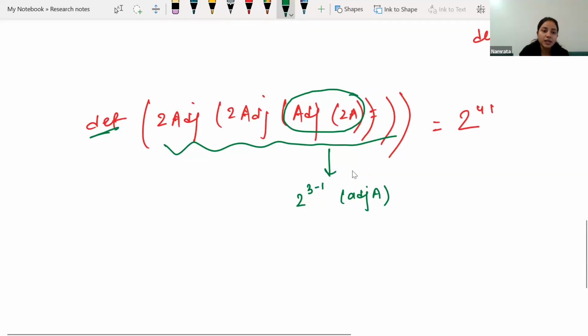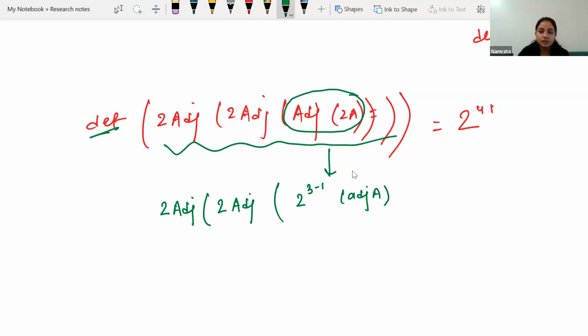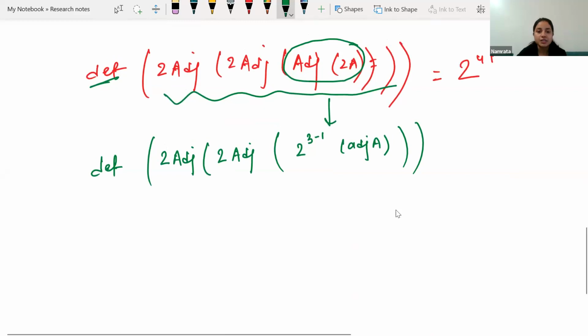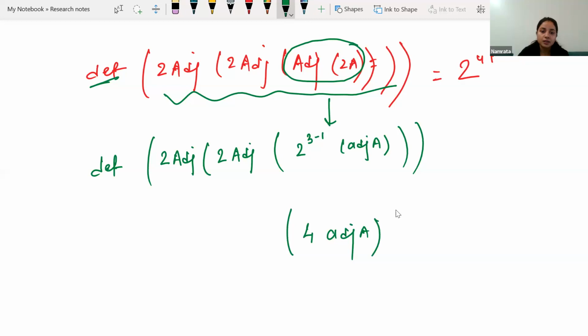The rest of the terms stay as they are: 2 adjoint over here, then 2 adjoint over here. The determinant is outside, and on the other side 2 to the power 41 is there. Let's solve the left hand side quickly. Here we have 2 to the power 3 minus 1, that means 2 square, that means 4. So 4 adjoint A, and here also 2 adjoint, here also 2 adjoint.